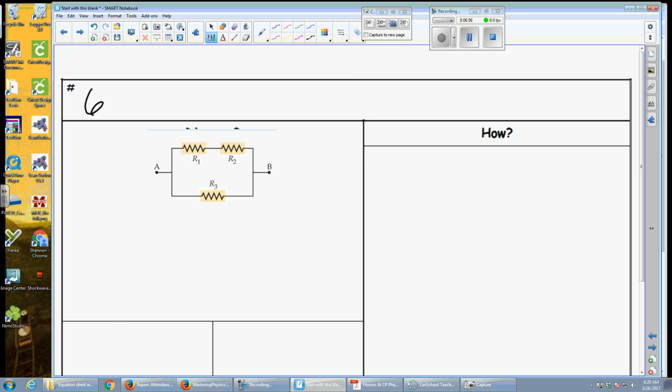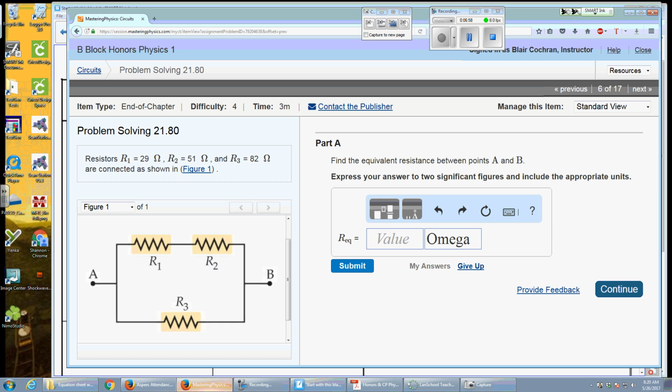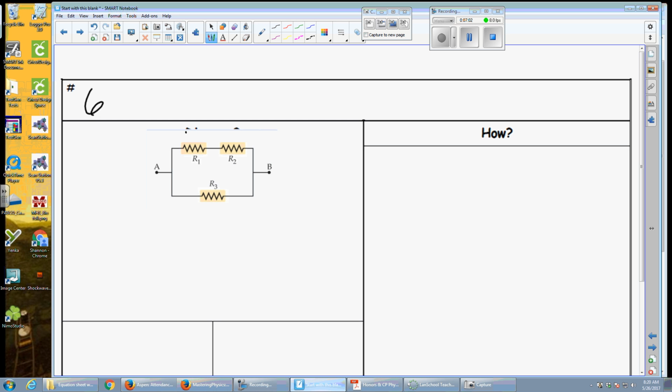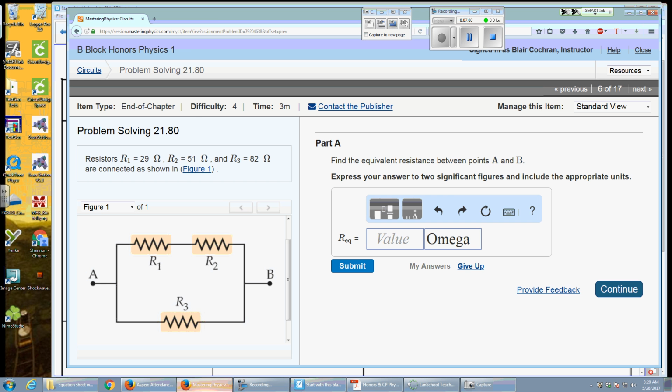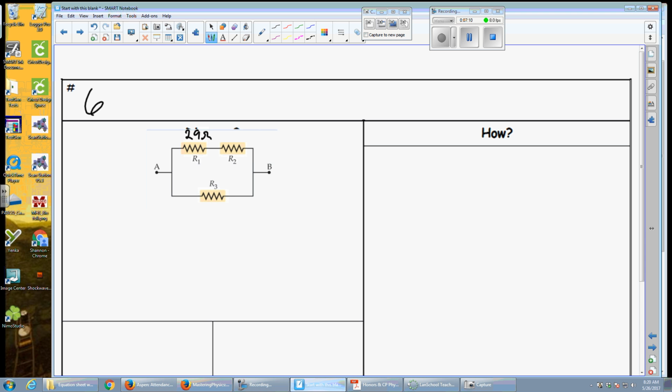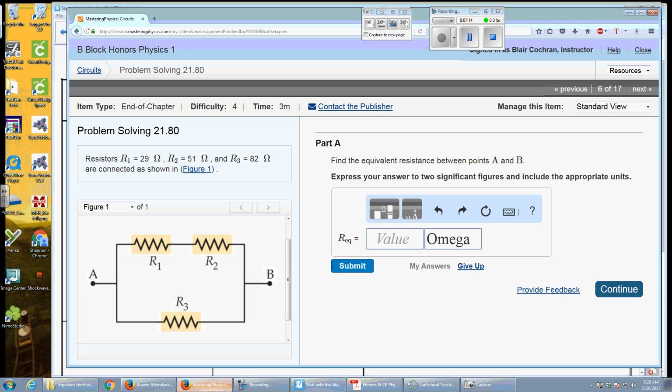So number 6, and let me just get my values. R1 is 29 ohms. R2 is 51 ohms. R3 is 82 ohms.